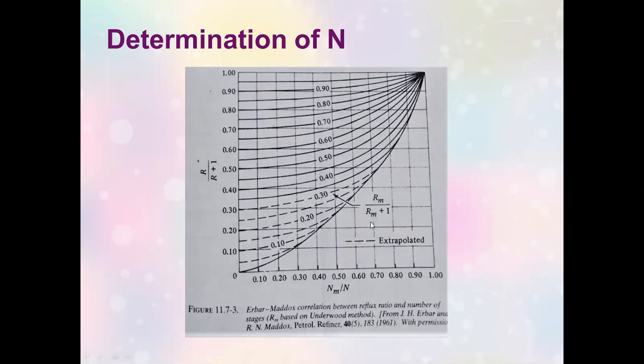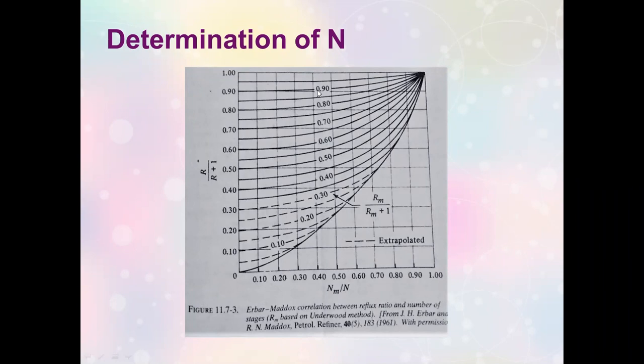If you have the Rm, you can determine this ratio that you are seeing in this figure. Now, the R is most of the time given in the problem, so you can also determine the Y value on the vertical axis. With that value, you will project to the right and end on the appropriate curve. In here, you have 0.1, 0.2, 0.3, and so on.